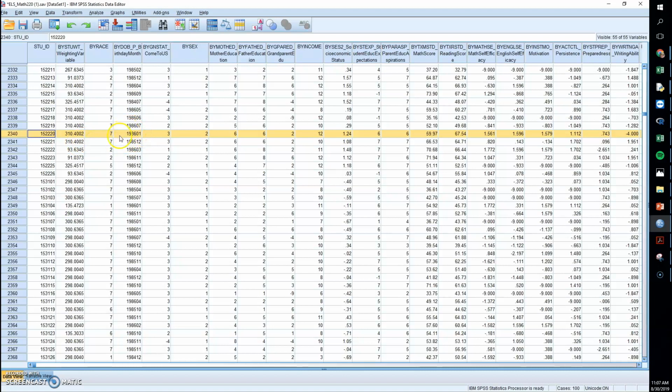Birthday year, so the first 4 digits are the year, 1986. The next is the month. So we're talking about a white female born in January of 1986. Slowly starting to come to life as an actual person. There's a very, very good chance that she is alive and somewhere in the world as we speak right now.